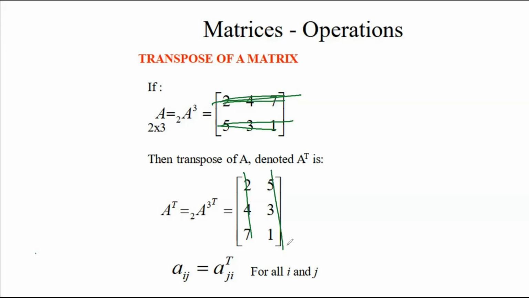That's all. It is simply taking the rows, making them into columns. Right? And of course, if you transpose this back, you'll go back to that, right? That's what the transpose of a matrix really means. You are interchanging the rows with the columns. You are making the rows into the columns.